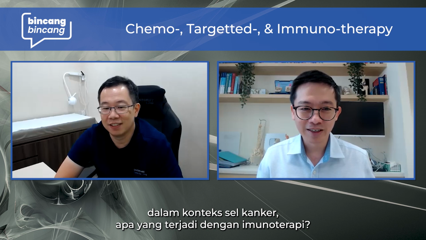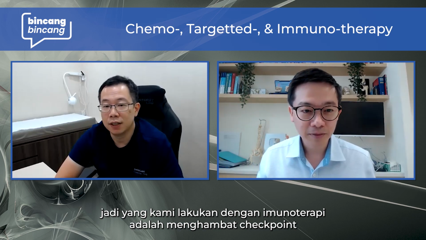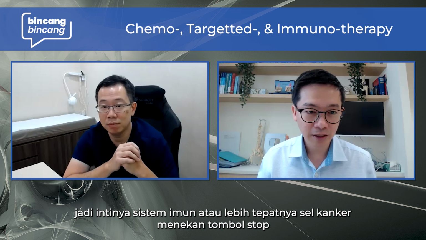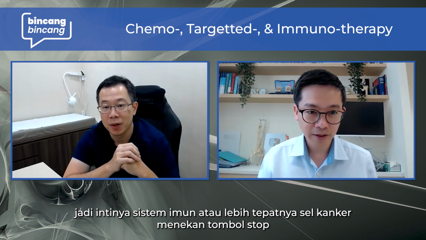Yes. So in the context of cancer cells, immunotherapy, what happens? That's right. So what we do is immunotherapy inhibits these checkpoints. So basically, the cancer cell presses on the stop button, right? So immunotherapy removes that contact.